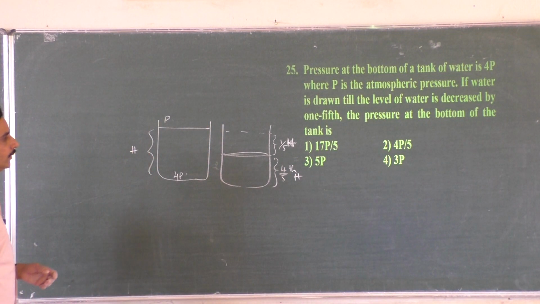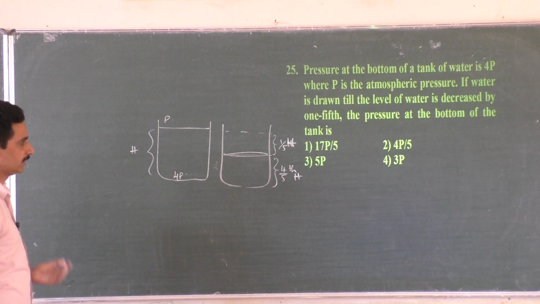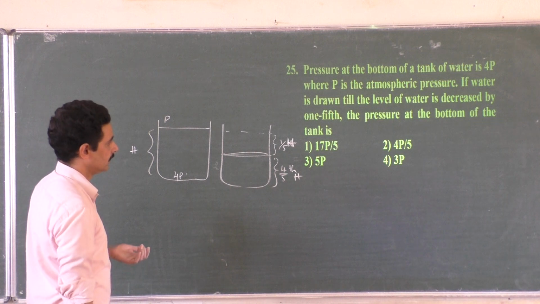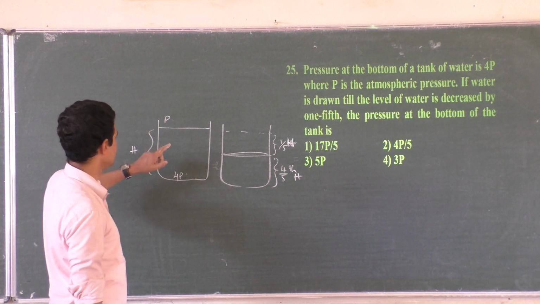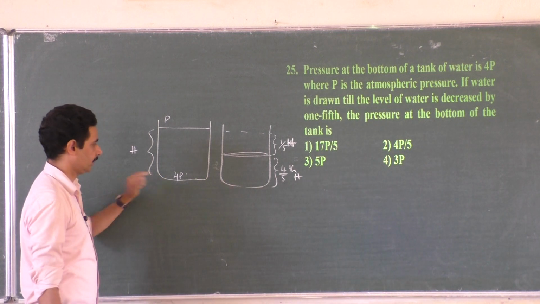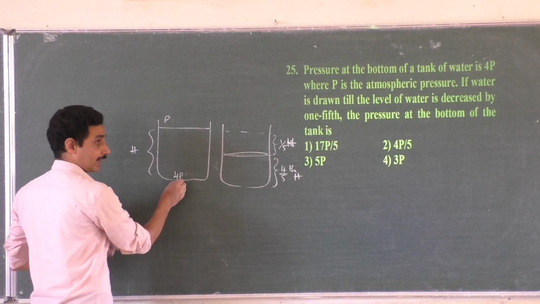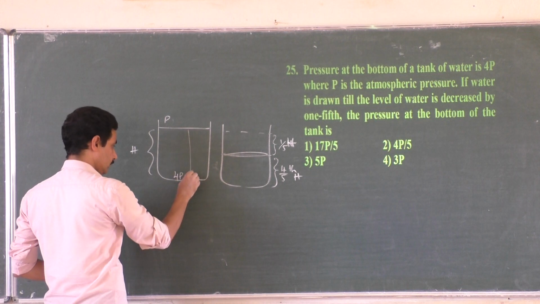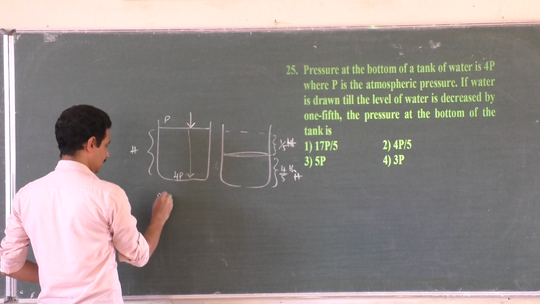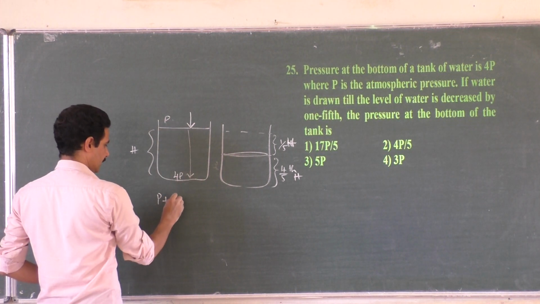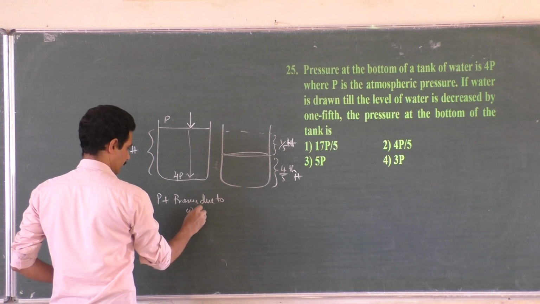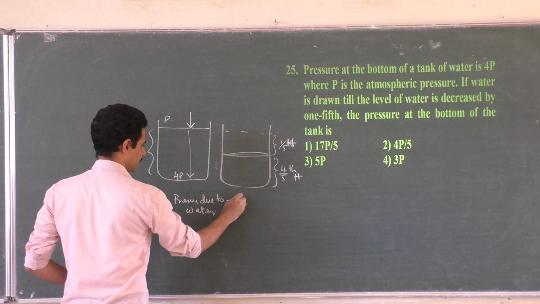What is the pressure at the bottom of the tank? How to get this now? P is the pressure of the atmosphere. 4P is the pressure at the bottom. Now, this 4P contains pressure due to water as well as pressure due to atmosphere. So, pressure due to atmosphere plus pressure due to water is equal to 4P, correct?